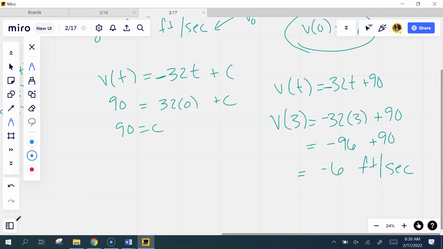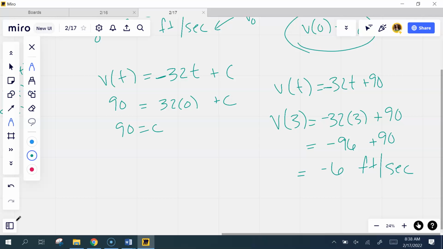So are we slowing down by 6, or by negative 6? Velocity is not the rate it's changing. This is the instantaneous speed at that second.